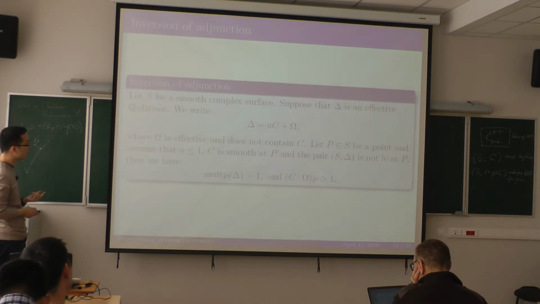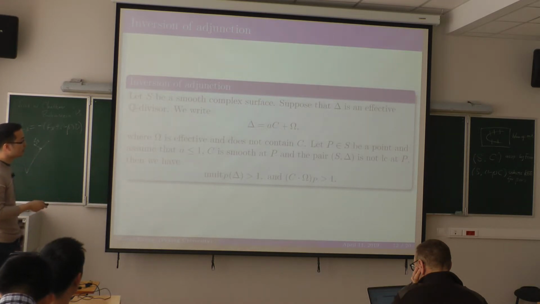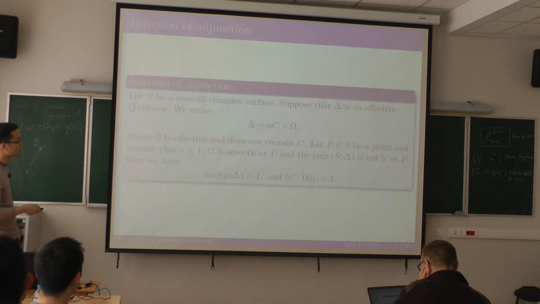And the second, which is the most important one, is that the local intersection number of C and the other part of the divisor at this point is bigger than 1. So this is basically the most powerful tool for computing LCT on surfaces. Basically, in our argument, this is essentially what we use.